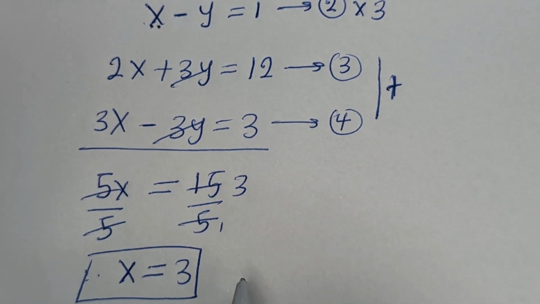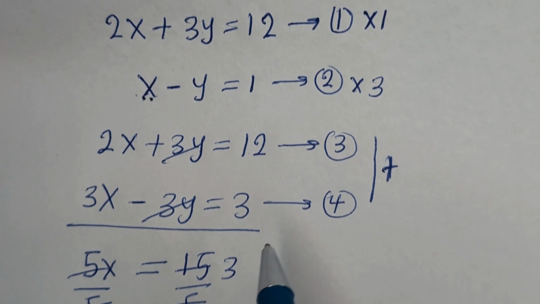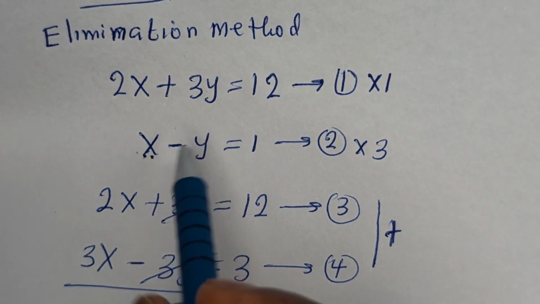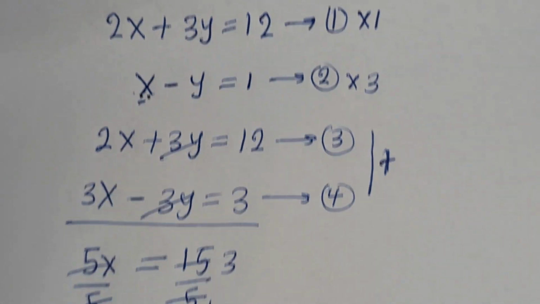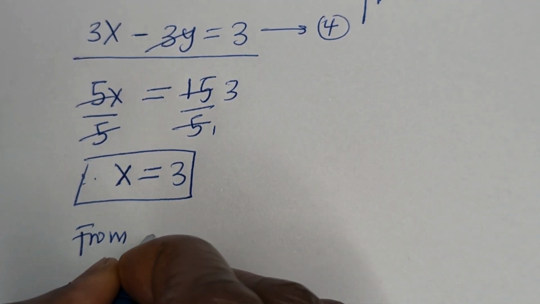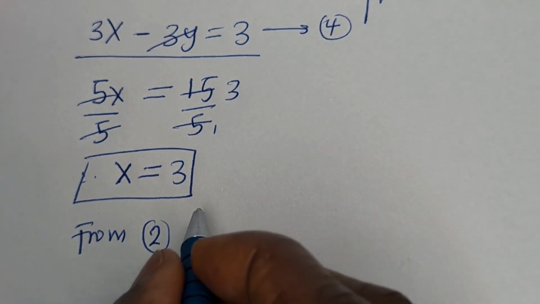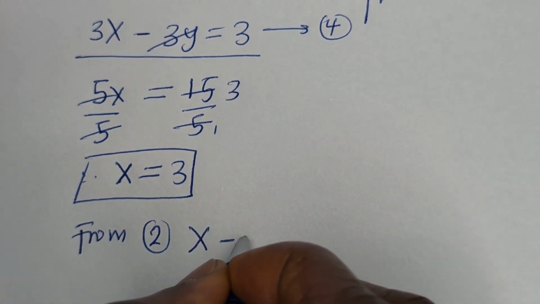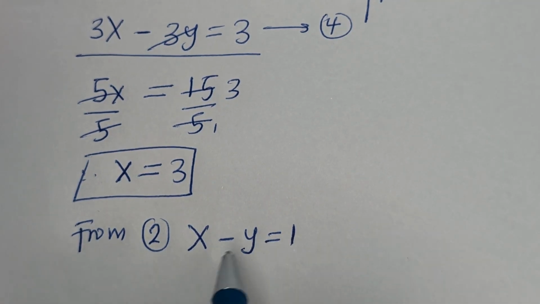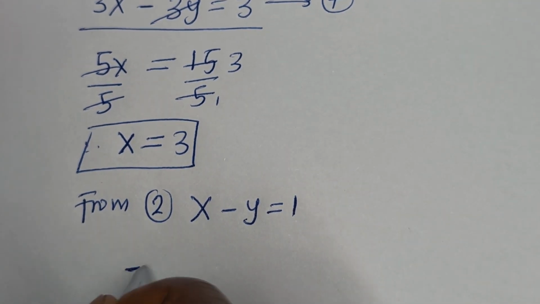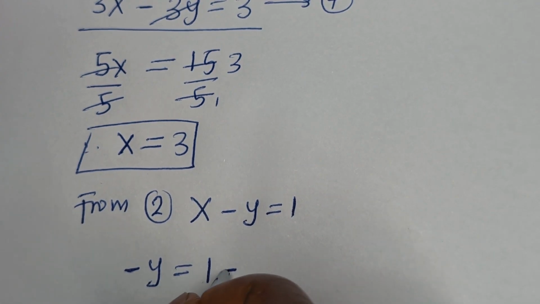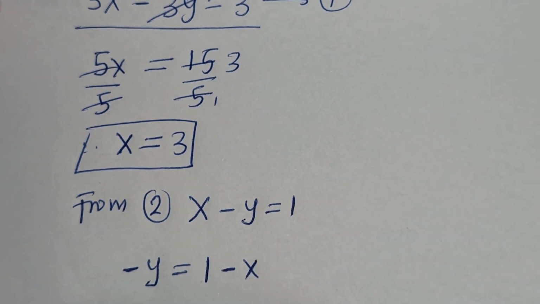Now we've gotten the value of x. Let us solve for y using either equation 1 or equation 2. But in this case, I'm going to make use of equation 2. From equation 2, x minus y is equal to 1. Now we are looking for the value of y. Minus y is equal to 1 minus x.